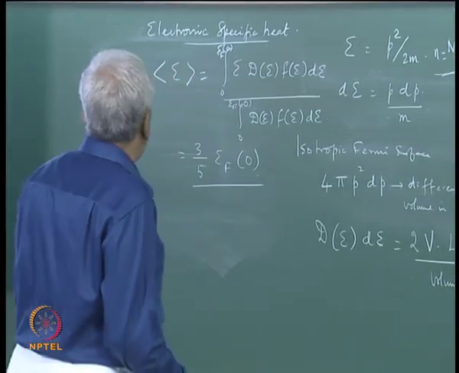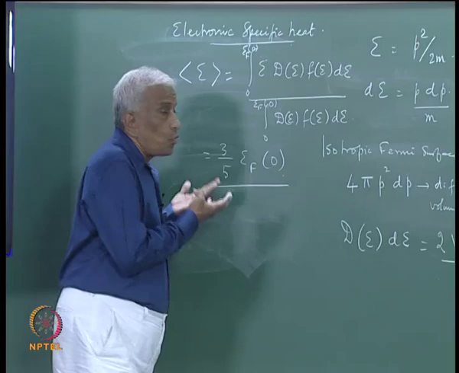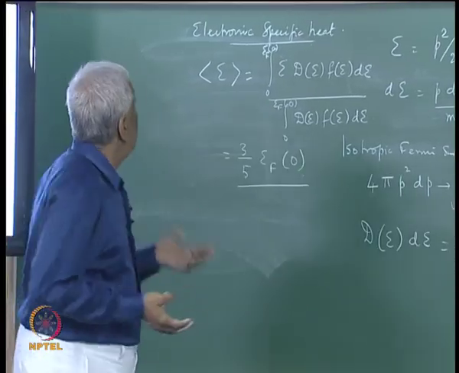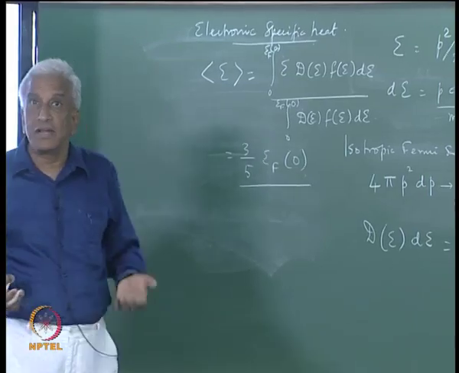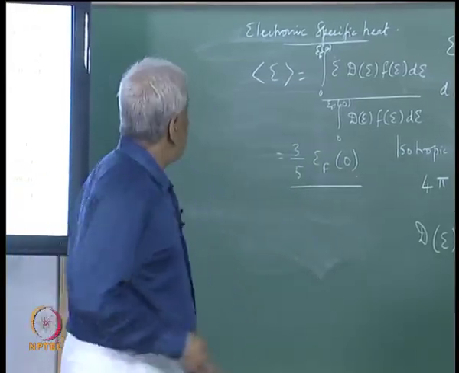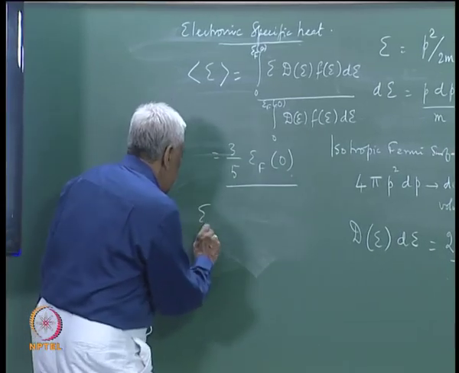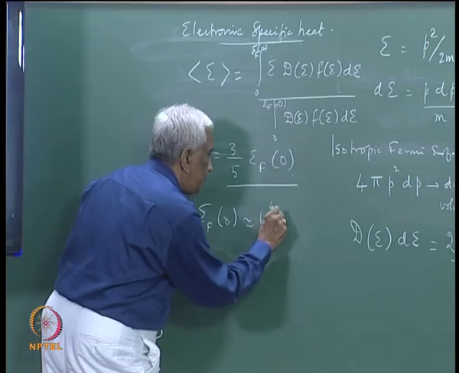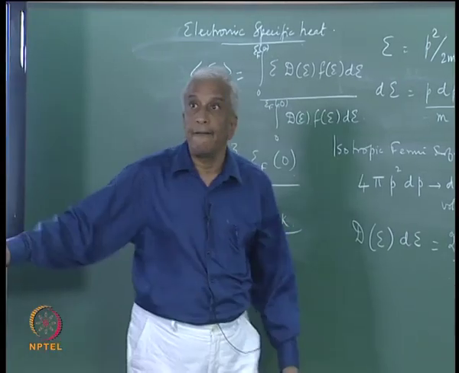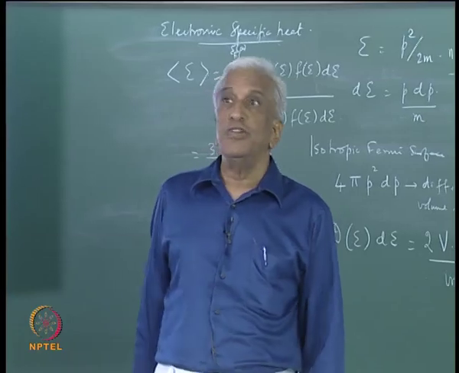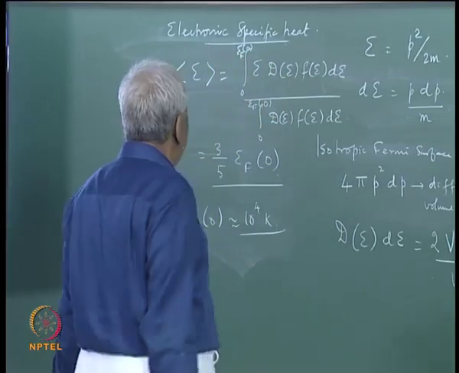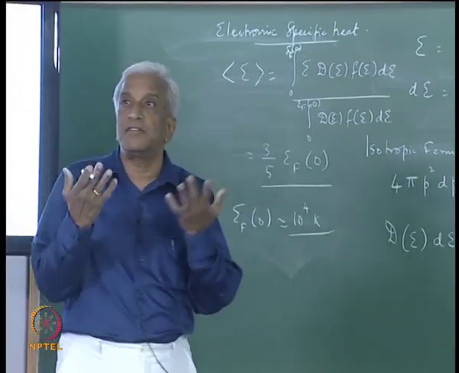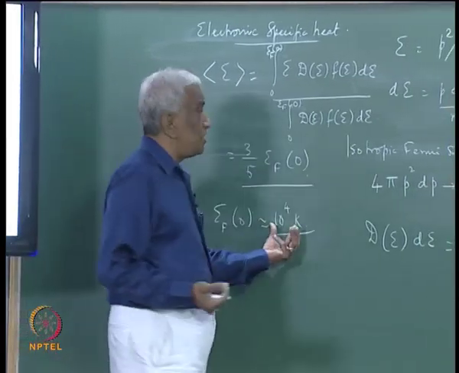Now, we will first qualitatively see what kind of results we are going to get for this calculation of the electronic specific heat. Since we said that the E of 0 is of the order of 10 to the power 4 Kelvin in temperature units, and usually thermal excitation is at best of the order of 100 Kelvin, it is very small.